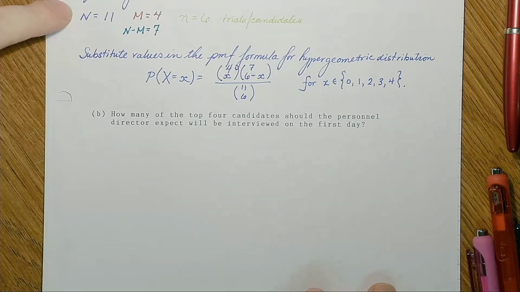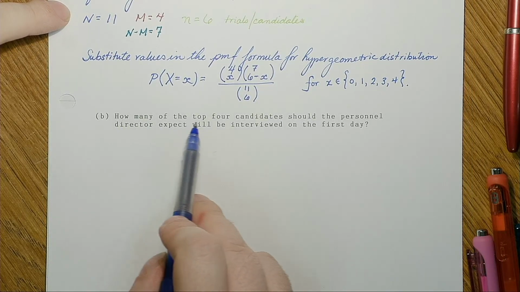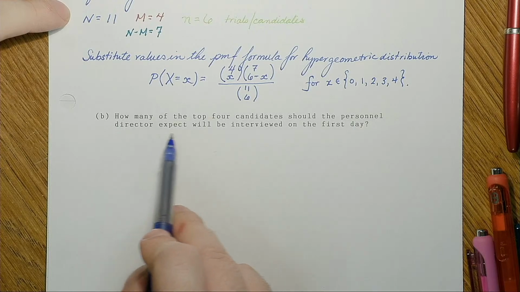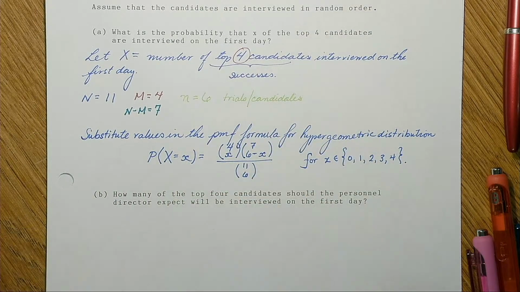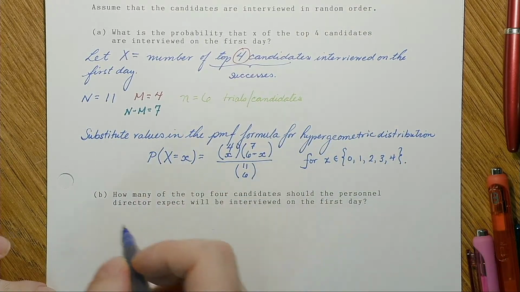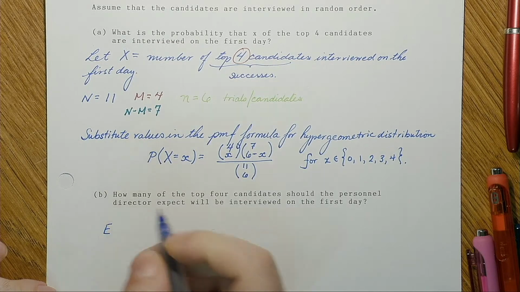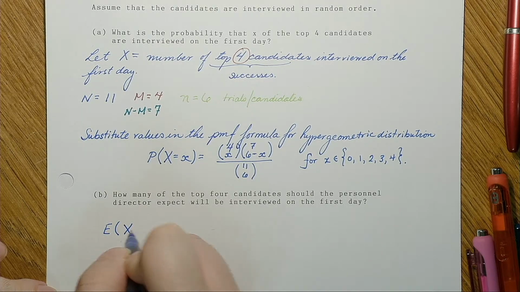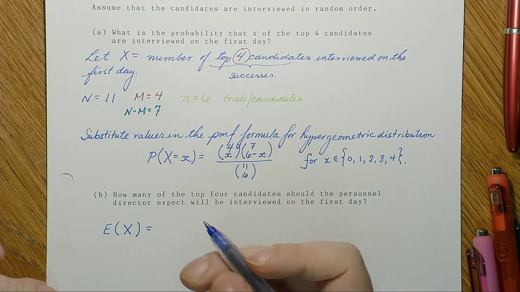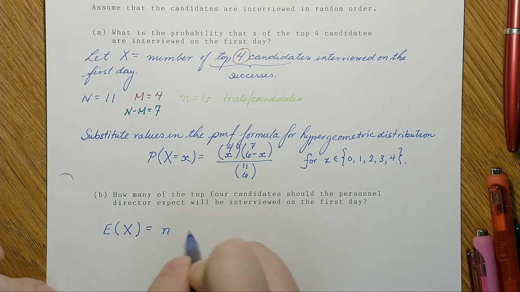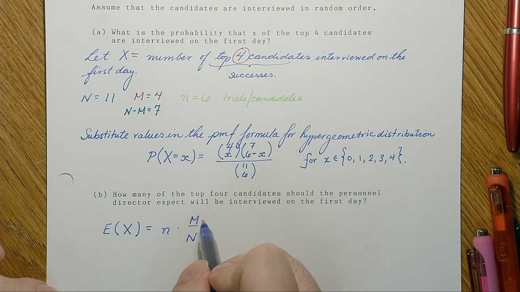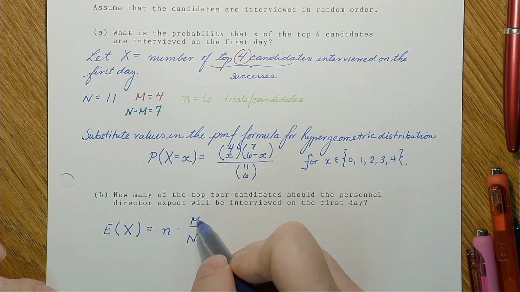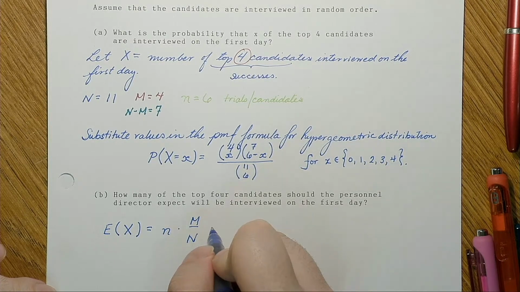Then we have, how many of the top 4 candidates should the personnel director expect will be interviewed on the first day? So we're still going to use our hypergeometric, and we're just basically asked what the expectation of x is. Using the formula for it, we get it's n times M over N. So the number of trials or the number of interviews multiplied by the ratio of candidates we want out of the total candidates.